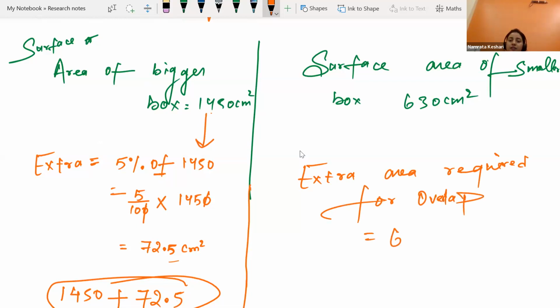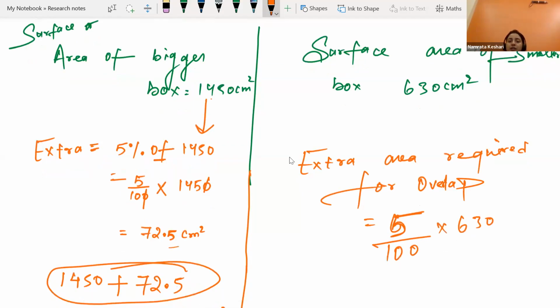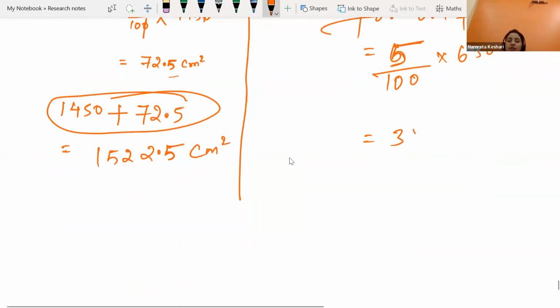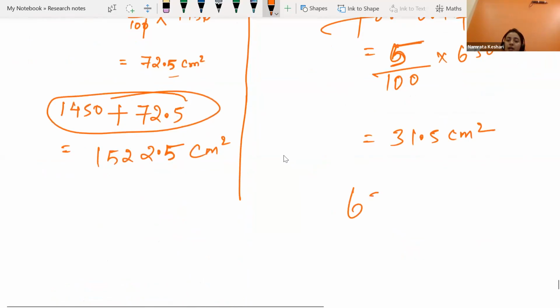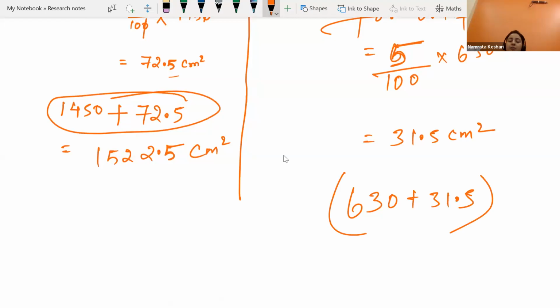That is 5%, 5 by 100 into 630. What are we going to get here? 31.5 centimeter square. So the area which you have found is only the surface area which we need to keep in consideration. That 31.5 centimeter square will be taken extra, of course, to maintain the overlaps.